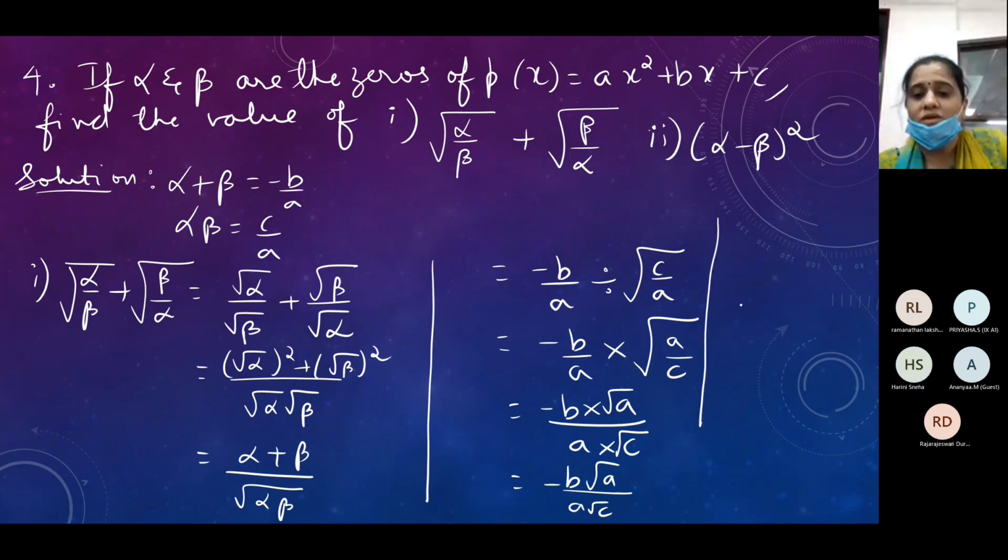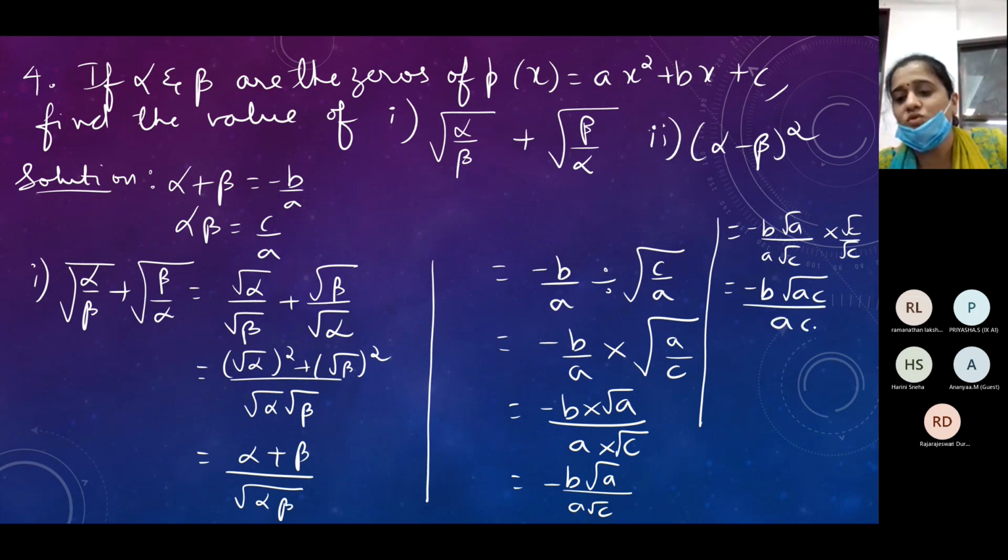Yes, then we have to proceed. So it will be minus b by root a by a root c into root c by root c. That is equal to minus b root of ac by ac. Thank you so much, Sneha. I forgot to write the root c in the denominator. Yes. Now it's right.